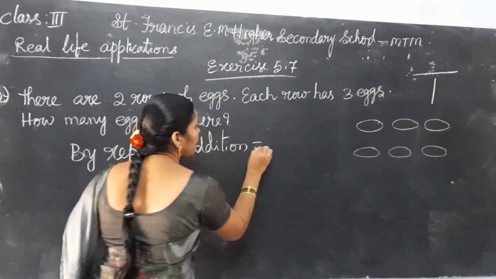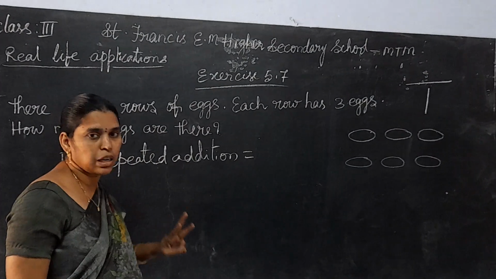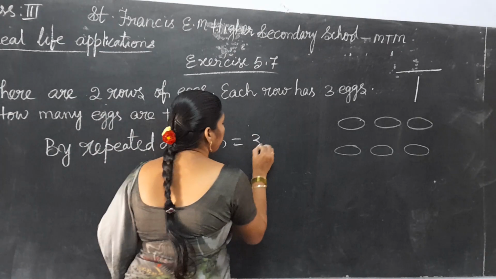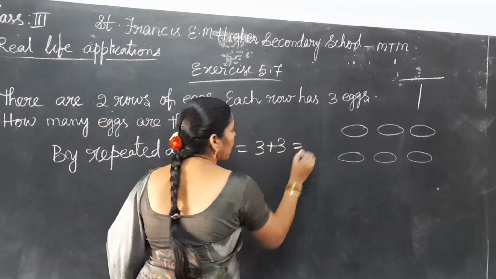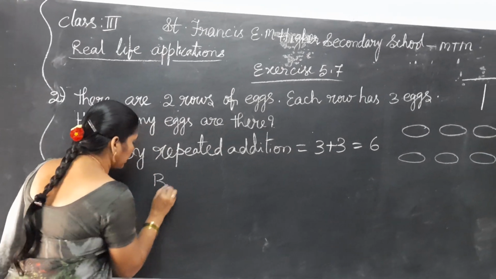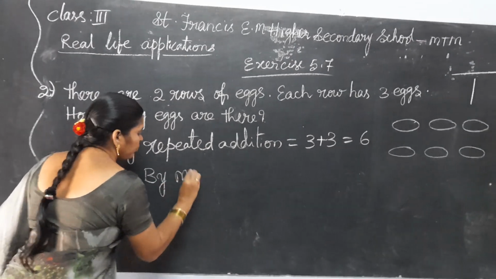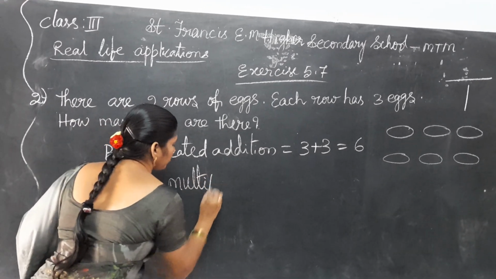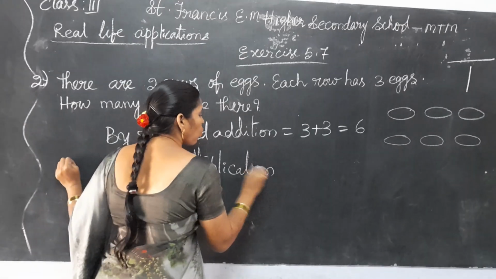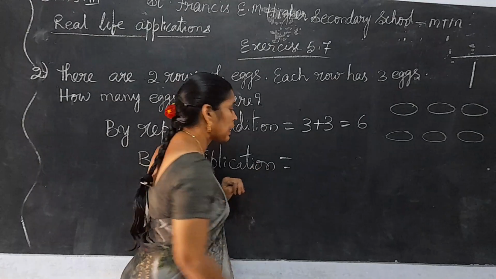So by repeated addition, what number is repeating here? 3 is repeating. How many times repeating? 2 times. So 3 plus 3. How much? 6. By multiplication, what number is repeating? 3 is repeating.